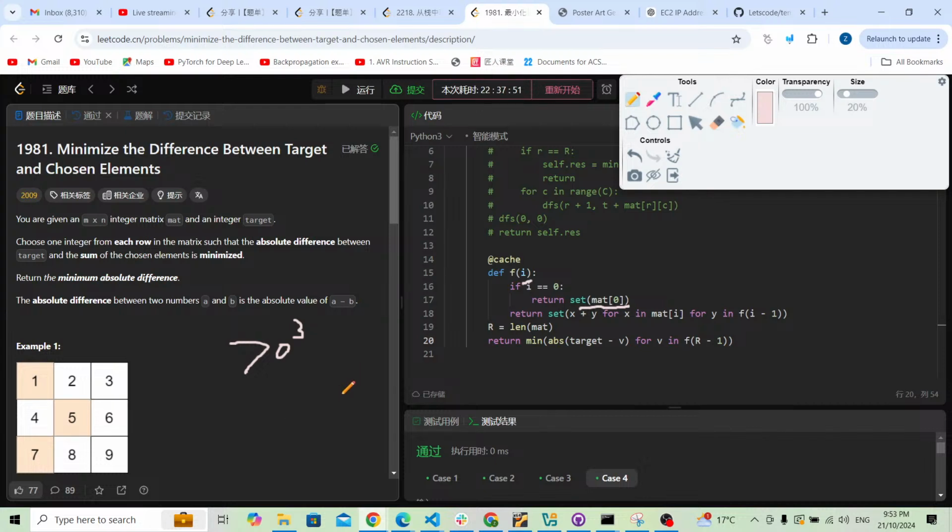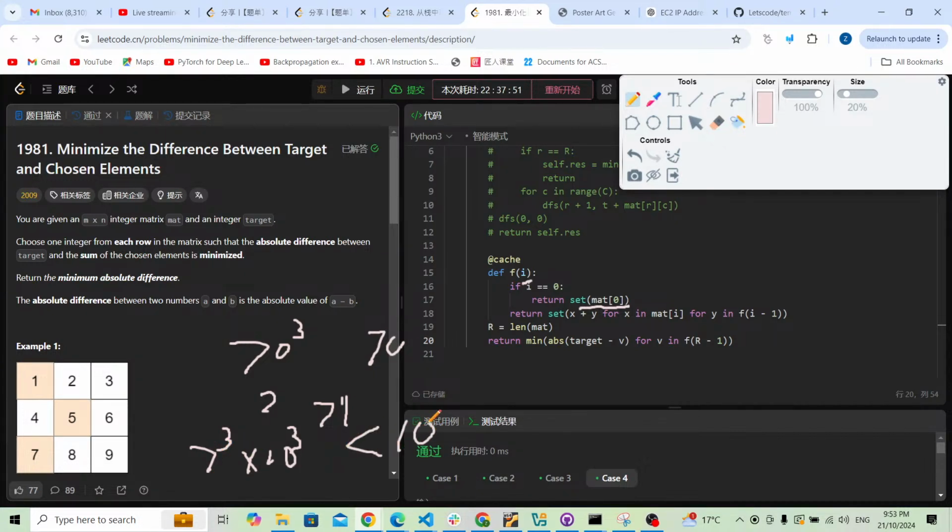It's going to be 70 times 70. So 70 to the power of 3 means 7 to the power of 3 times 10 to the power of 3. So this value is going to be less than 10 to the power of 6. So this is why we can pass.